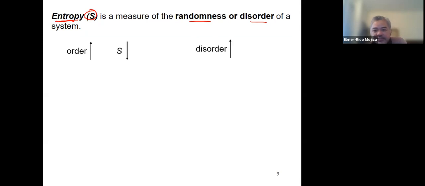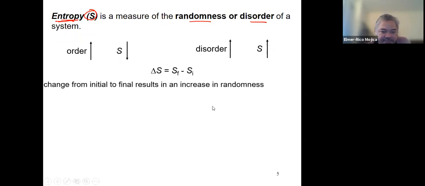And if there is more disorder in a given system, S increases. So if you're going to look at the delta S that you have there, you just look at the order or the disorder or randomness after and before. You look at the difference, okay, after and before the system.